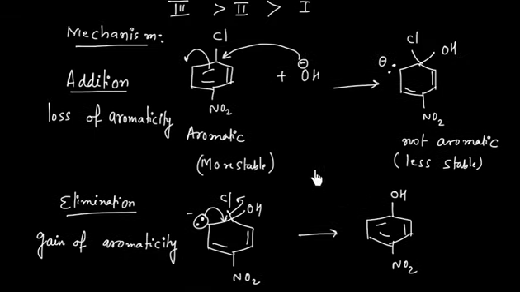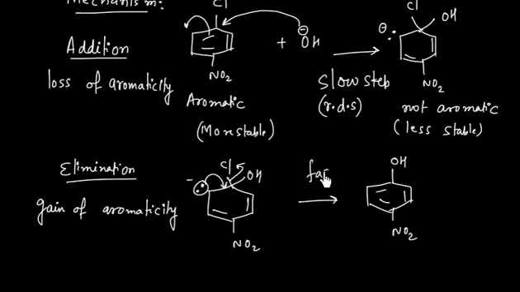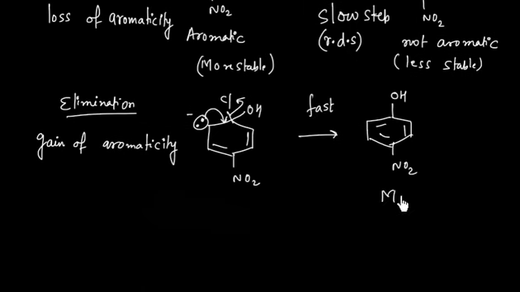The first step will be slow because in this case we have loss of aromaticity. So this is a slow step and the rate determining step. The second step is a fast step because in this case we are gaining aromaticity, so this is more stable compared to the reactant, which is less stable.